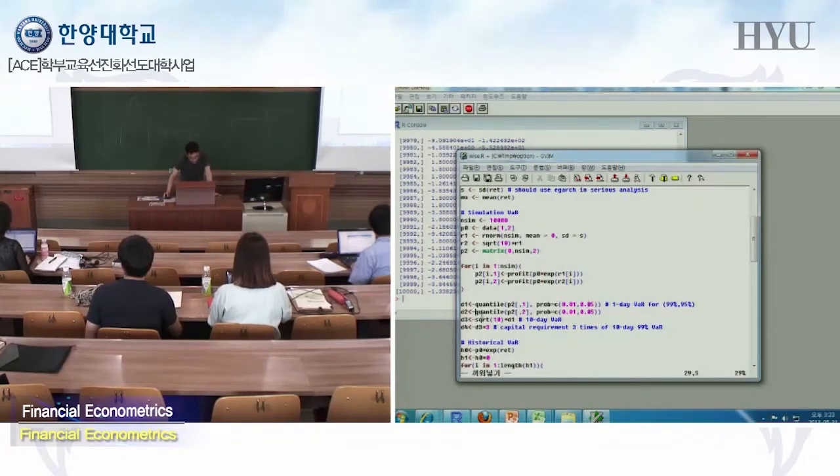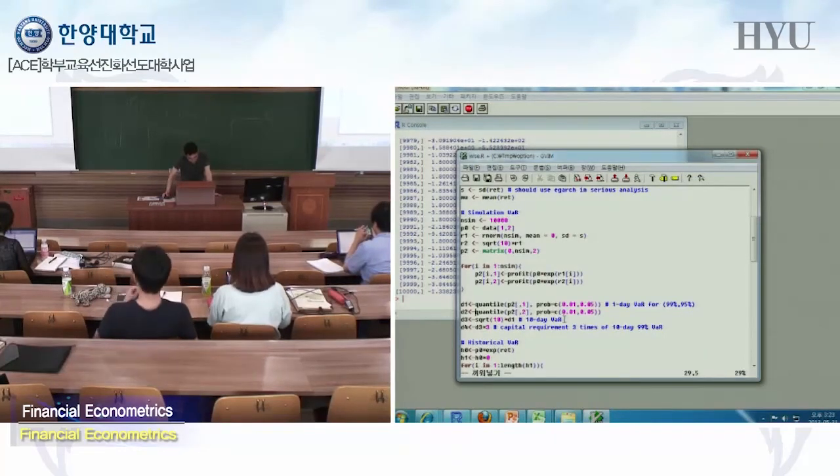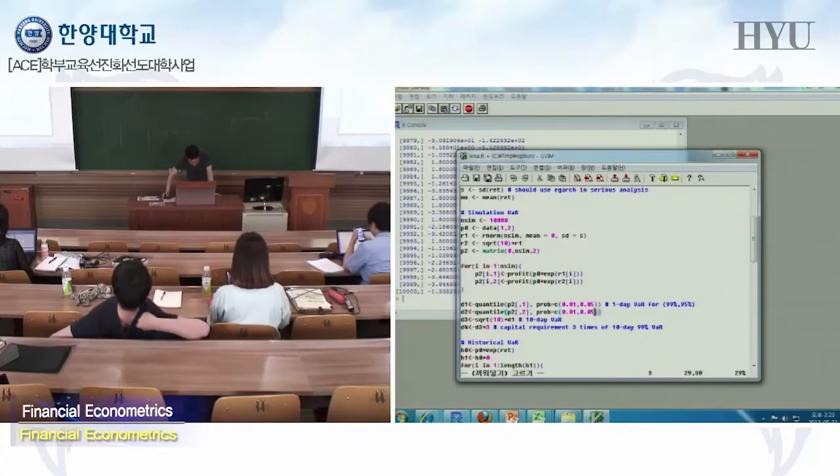For the second column, again, I calculate the quantile, based on bottom 1% and bottom 5%. Therefore, it generates the 10 day value at risk for 99% and 95%. And the 10 day value at risk, no, I think it is not necessary. So let's calculate this one.